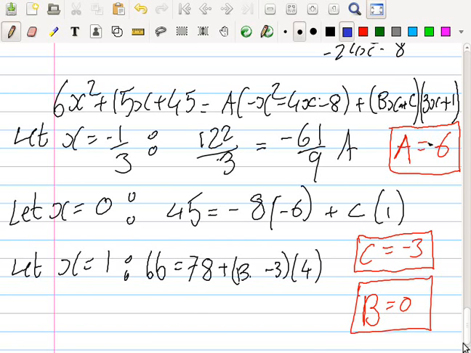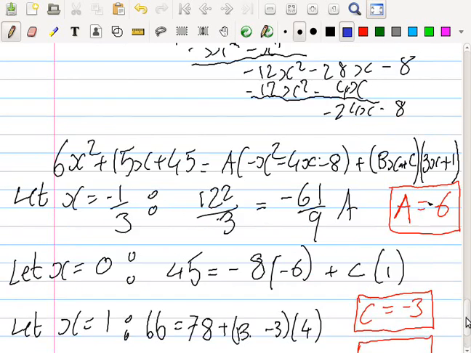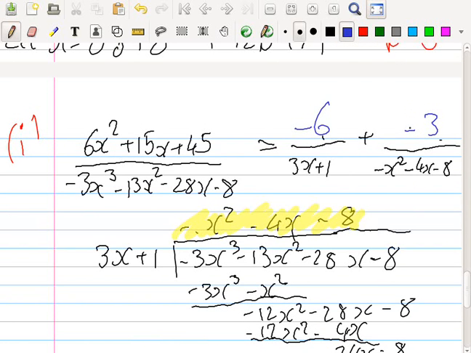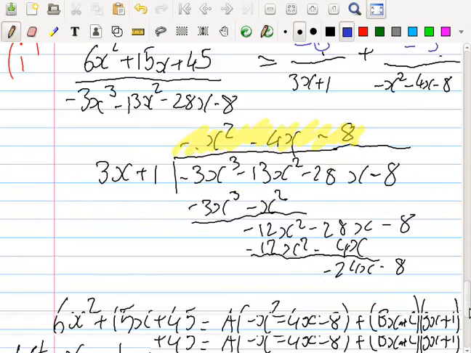If b is 0, does it cancel the x? You're right, it does. So that's why there's no x here, because it's 0x. So it did cancel it.